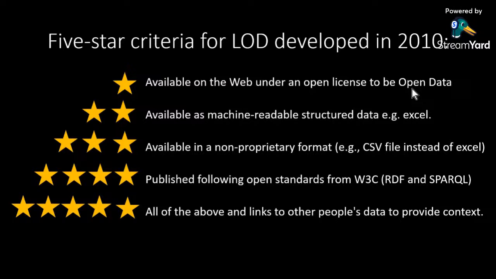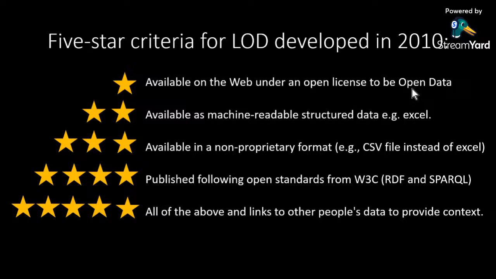In order to get 3 stars, the data has to be available in a non-proprietary format, for example, CSV instead of Excel. In order to open an Excel document, you need a specific program, that's Excel. But a CSV file you can open with any kind of CSV reader that you can get. So it doesn't have to be Excel.